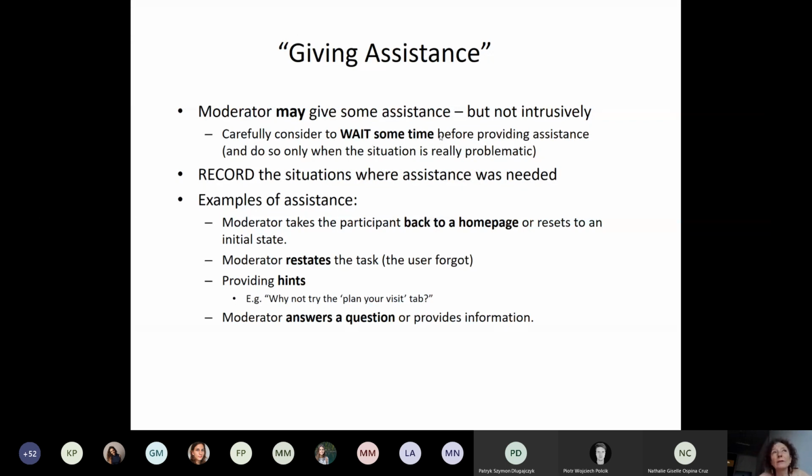What we expect from you is that you reflect on the data that you collect from user testing. You reflect on the feedback that you get from the end user. And we also expect, even though it's not mandatory, as we will see in the slides about the report structure, that you reflect and you maybe make proposals for the redesign.